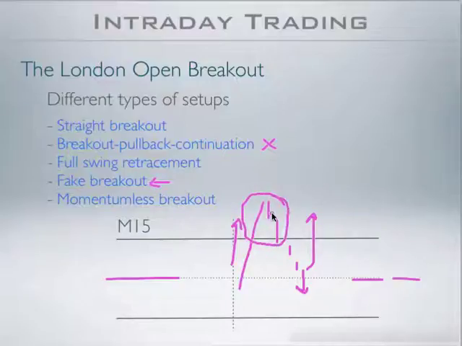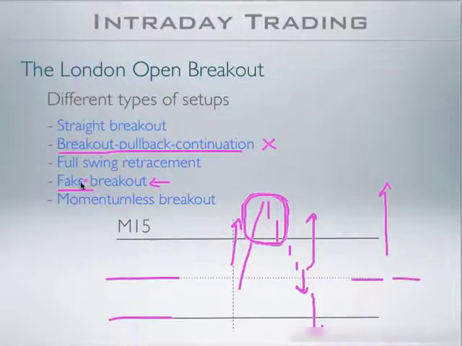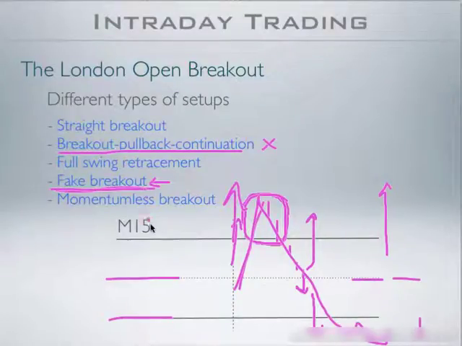Basically, we would consider that early morning breakout an actual fake breakout, and then we would be searching for reversal formations, for reversal price patterns on the lower band, or the opposite band, of the Tokyo range, trading the opposite direction of the original breakout. The breakout pullback continuation pattern aims to make money in the direction of the original breakout. The fake breakout pattern aims to make money in the opposite direction of the original breakout. This being the original breakout, this being the direction we will be trading if we get a fake breakout.